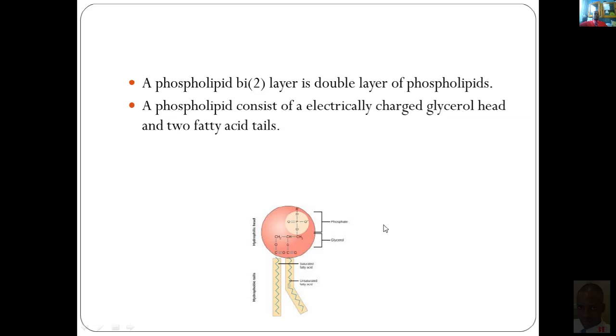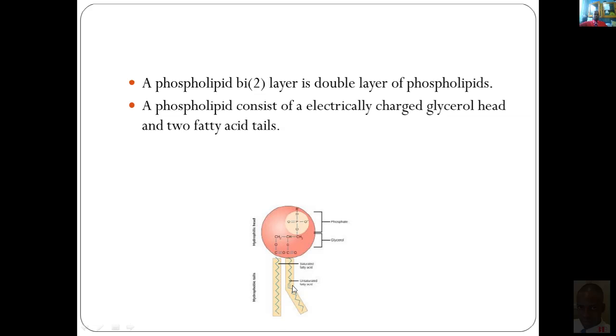Now the phospholipids consist of an electrically charged glycerol head and two fatty acid tails. So in the example I mentioned before, when we looked at triglycerides, we had three fatty acid tails, but this phospholipid now has two fatty acid tails, and the reason for that is because one of the fatty acid tails is replaced by a phosphate group.